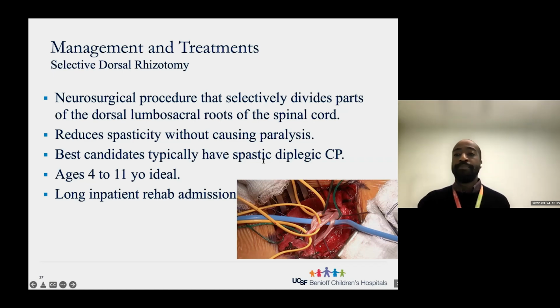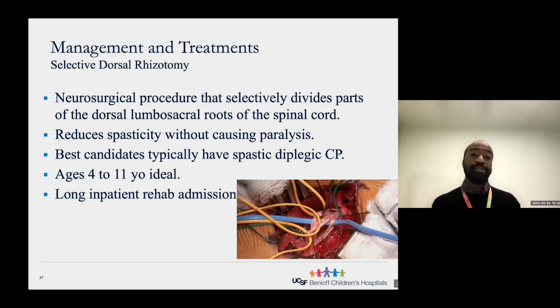The best candidates are children with perhaps diplegic cerebral palsy who are pretty good walkers. They may be GMFCS 1, 2, or 3. And the target age range is somewhere between 4 and 11 years.